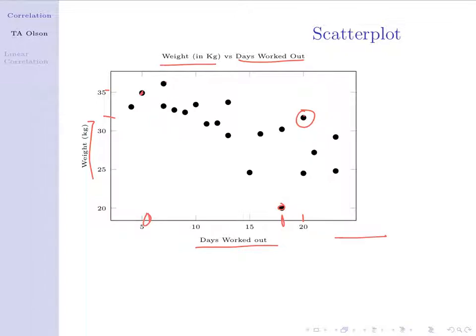Historically, the x-axis is usually called the explanatory variable, and the y-axis is sometimes called the response variable. But that language is more suggestive than anything, right? Sometimes one doesn't cause the other. Sometimes they're caused by an external factor.